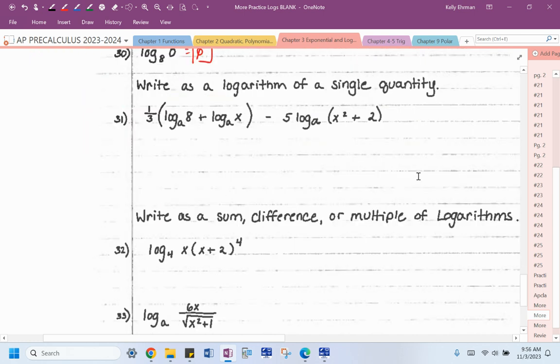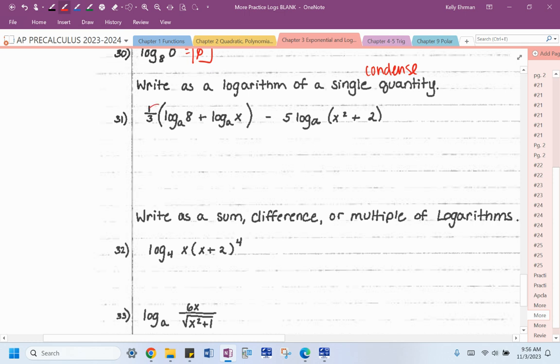Right, this is write each logarithm as a single quantity. In other words, condense. Get my pen working again. Hold on. So in other words, we are being asked to condense into one log. You can do two things to start this.